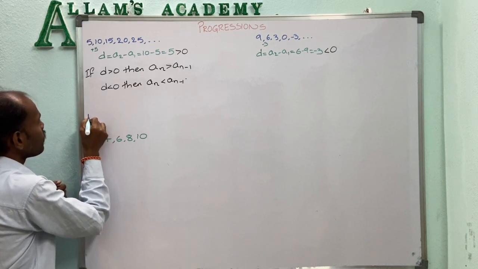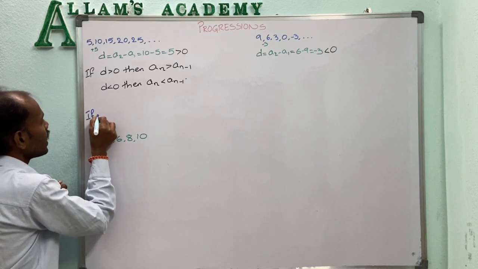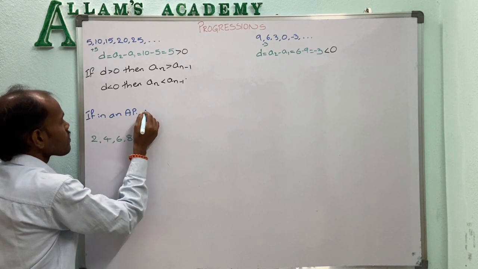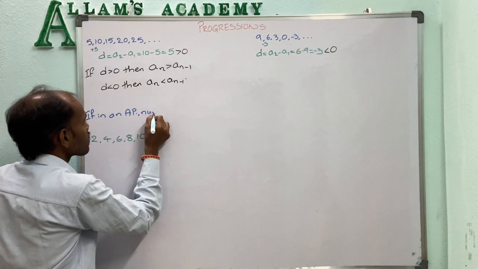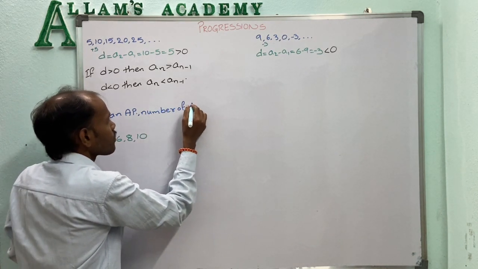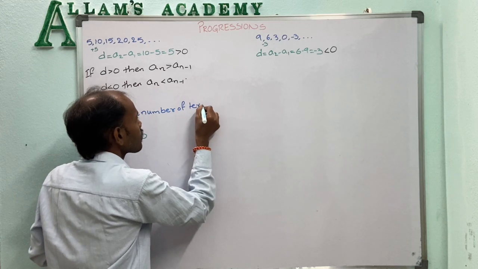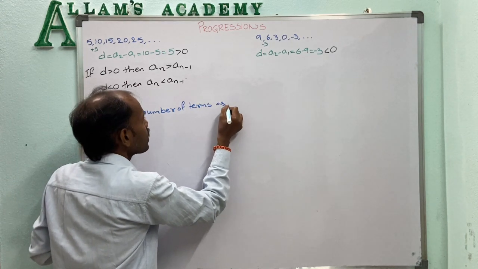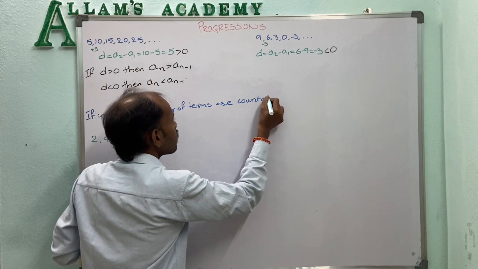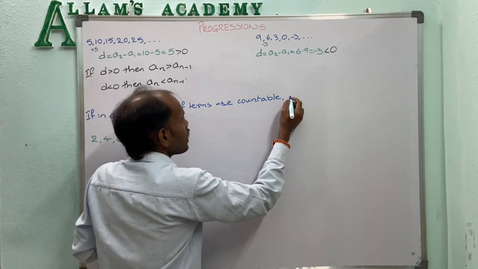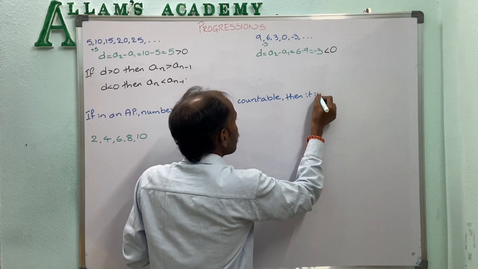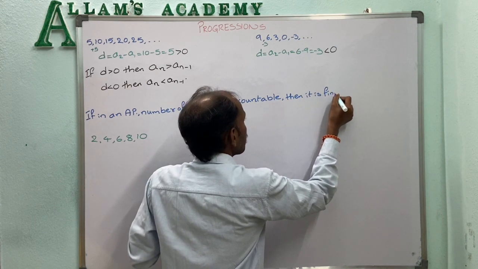So if in an AP the number of terms are countable, then it is a finite AP.